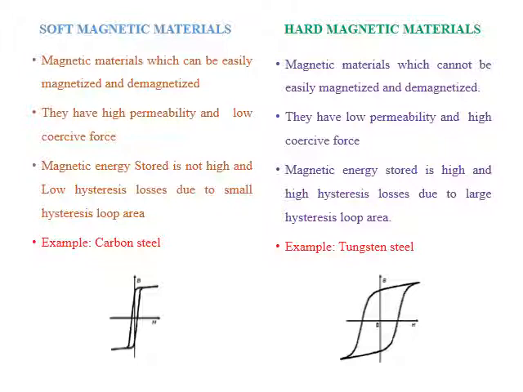Their hysteresis loss is very large due to the large area of the hysteresis loop. So this is the classification of soft and hard magnetic materials. These two materials find different applications in different situations depending on the nature of their magnetization and demagnetization process. Thank you.